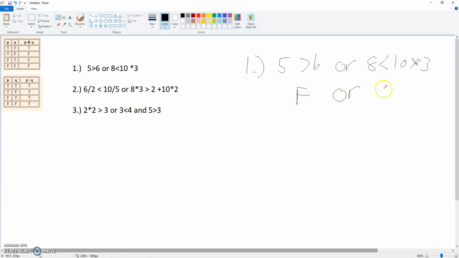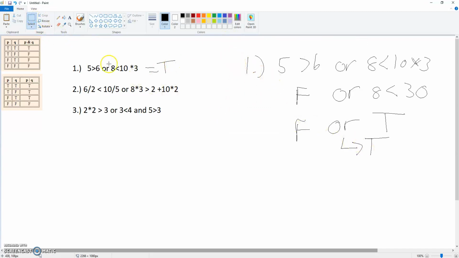Or 8 less than 10 times 3, which is 30. Is 8 less than 30? Yes. So we have false or true. Let's look at this truth table. False or true yields true. So if we were to print this out, it would equal true. Okay?